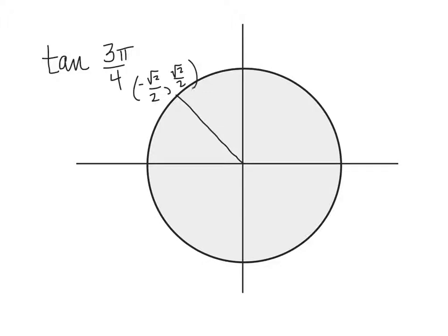At 3 pi over 4, with that ordered pair, you also know that the cosine is the first coordinate and the sine is the second coordinate.